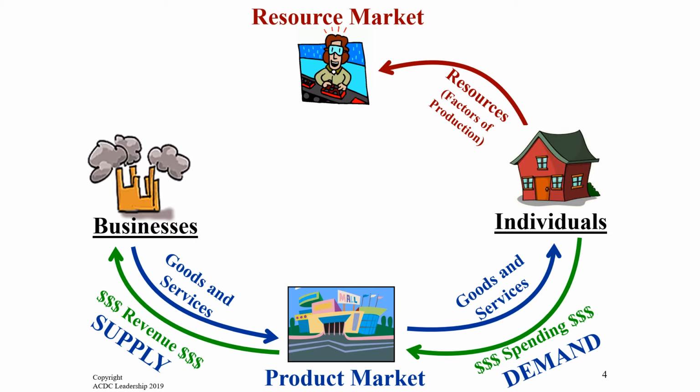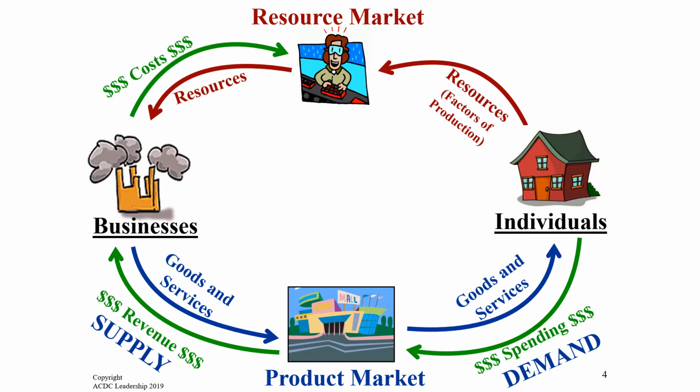Individuals hold the resources, the factors of production: land, labor, capital, entrepreneurial incentives, and so forth. And they go into the resource market to sell those factors of production. Then those factors go into businesses where they put them together to create their products. And then what happens here is costs.